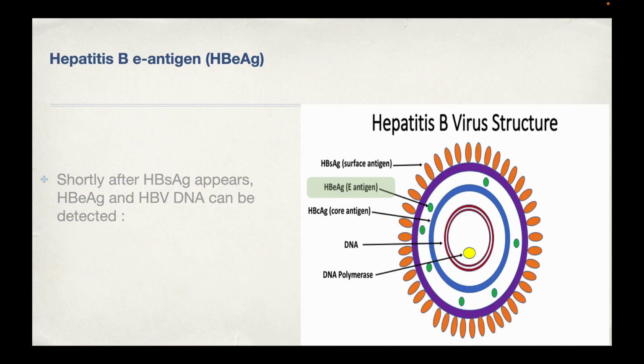And anytime we find the hepatitis B E antigen in the blood, it serves as a marker of replication, that the virus is replicating more. It also tells us the level of infectivity, how infectious the patient is, and also indicates that the person is having an acute infection with hepatitis B.